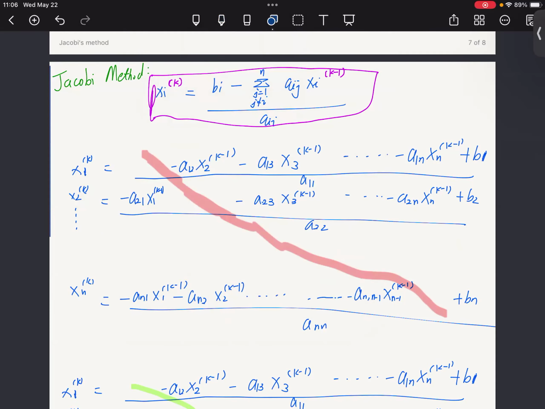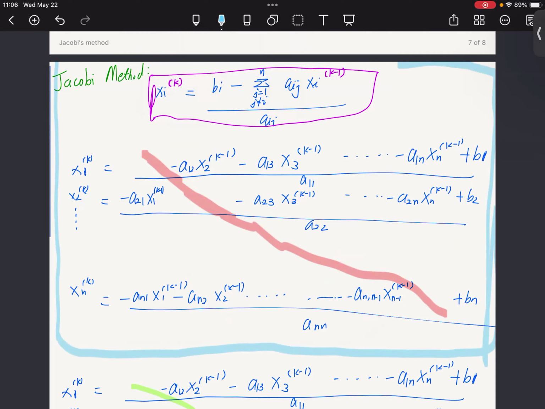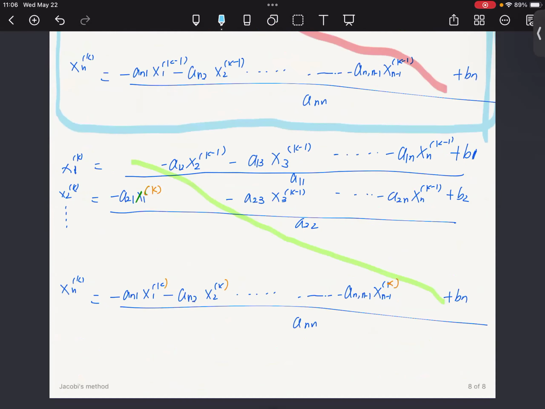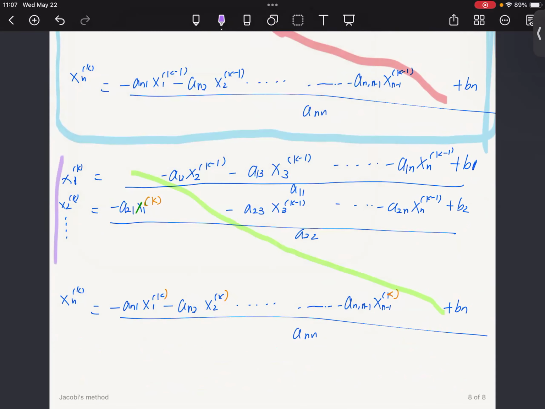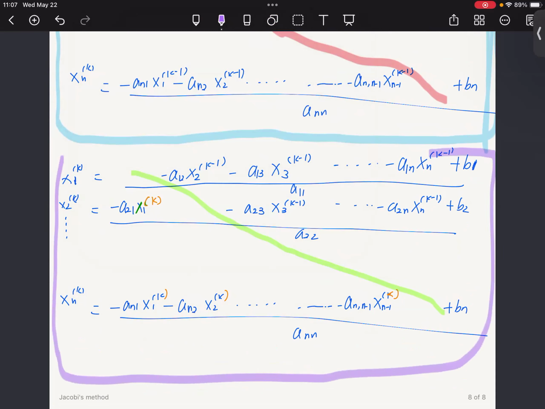And I update the method with the updated value in the vector k. So this is this part, and this is the purple part, and this is the Gauss-Seidel method.